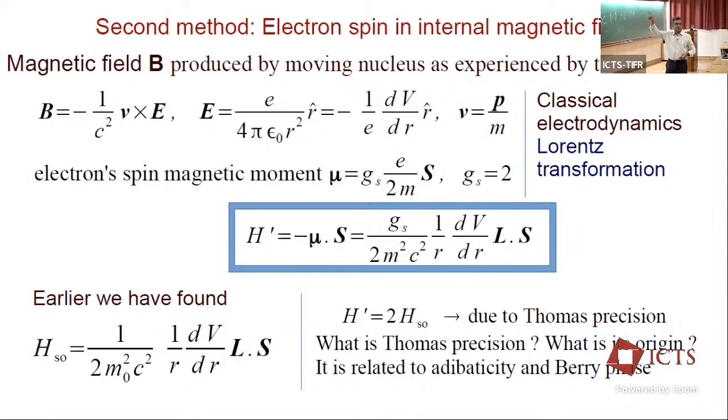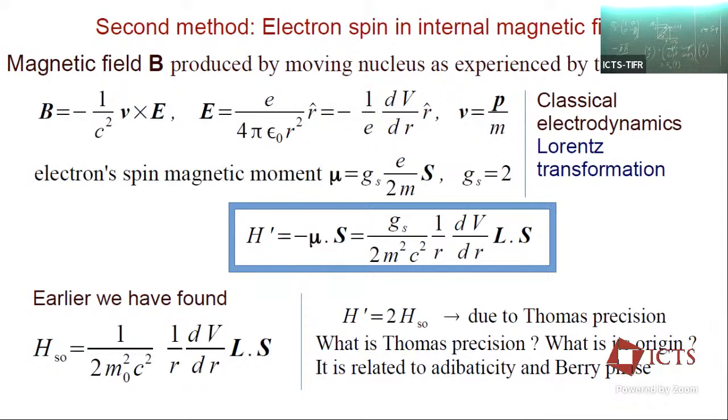The second way is important to understand the Berry phase connection. Okay. So this is the electron spin in an internal magnetic field. If we apply any external magnetic field to an atom or molecule or any particle, and the particle carries a magnetic moment, it has spin, so it has a spin magnetic moment, then the energy shift would be minus mu dot B. Instead of an external magnetic field, you consider that the magnetic field is internally generated due to the motion of the proton.